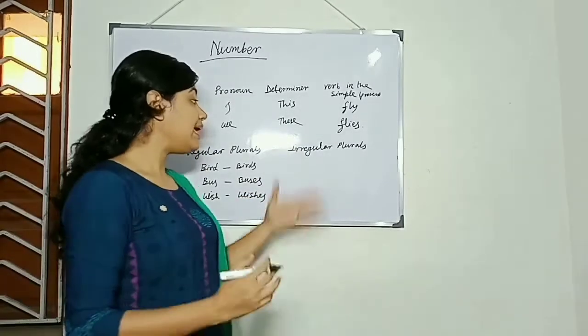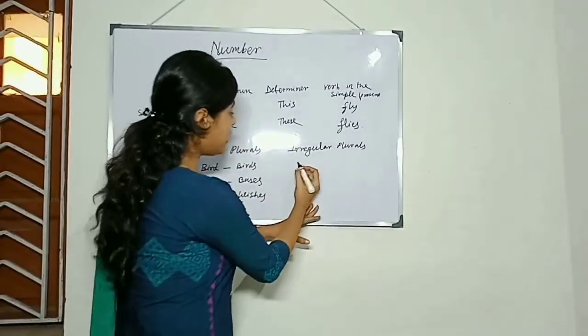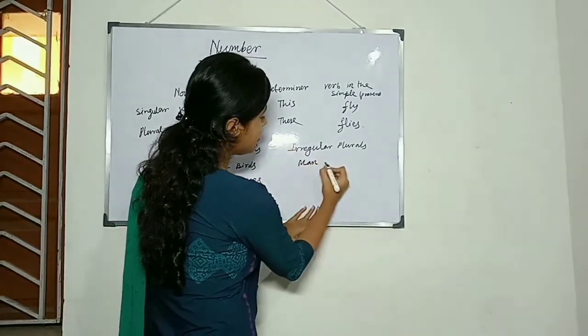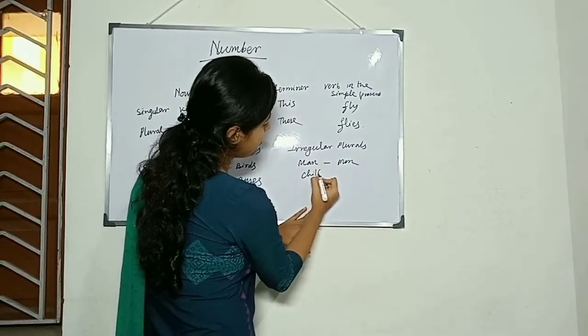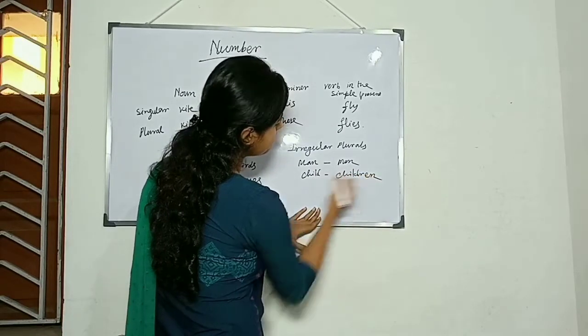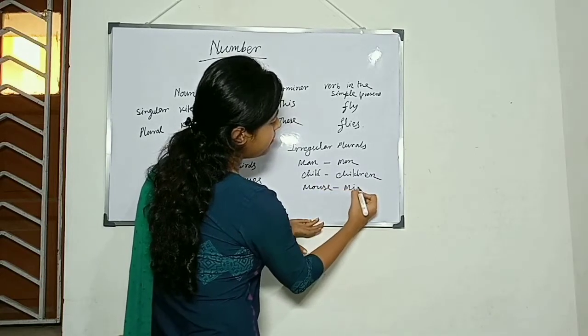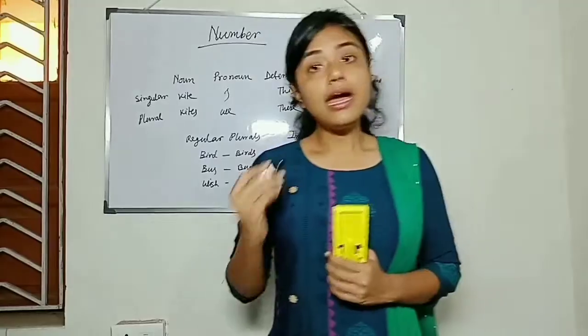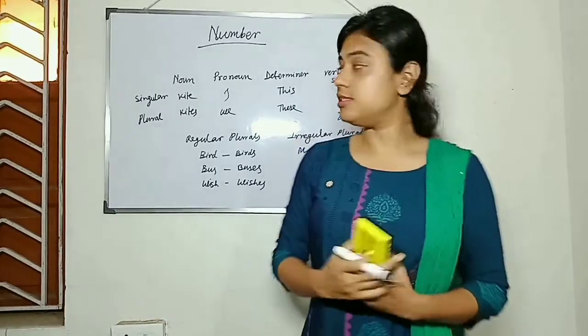Here, in irregular plurals, what can we get? For example, man, men, child, children, mouse, mice. Now, we will discuss certain rules of making plurals.